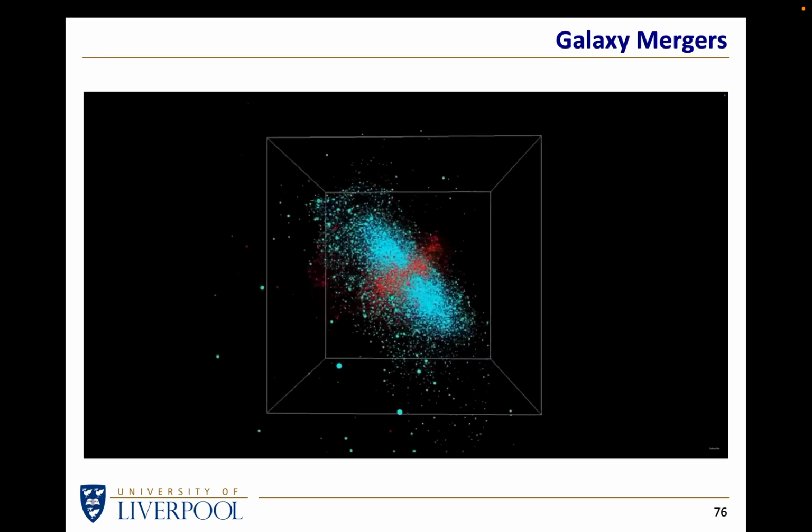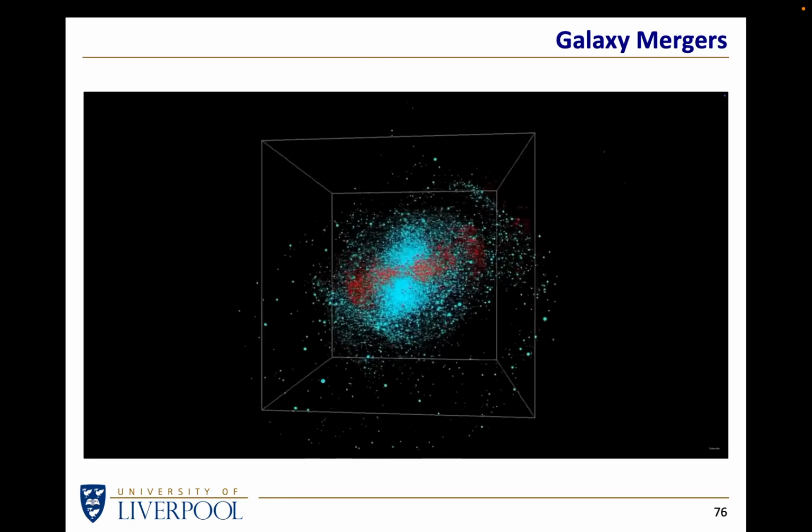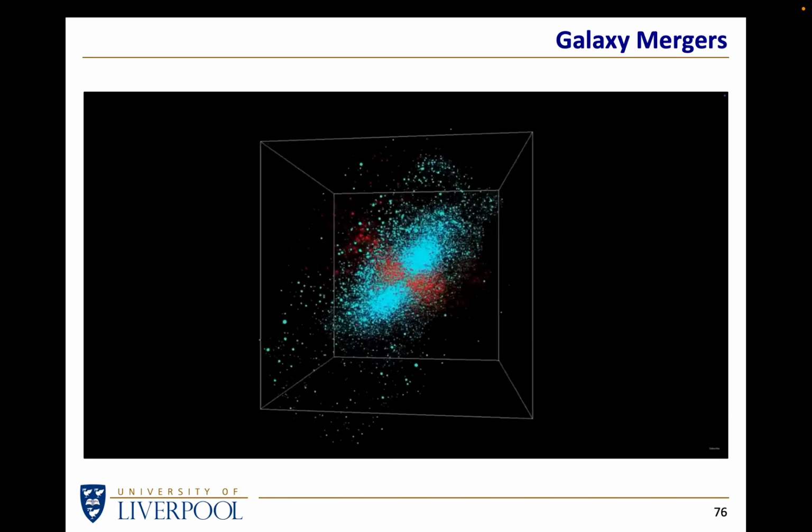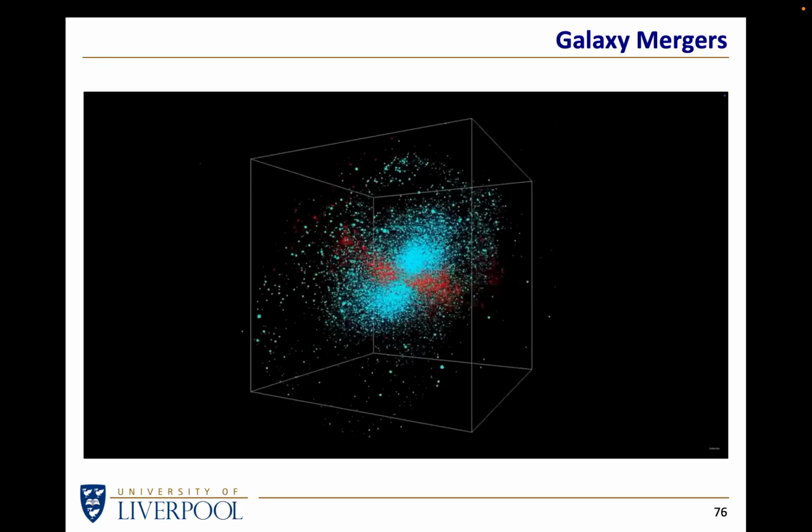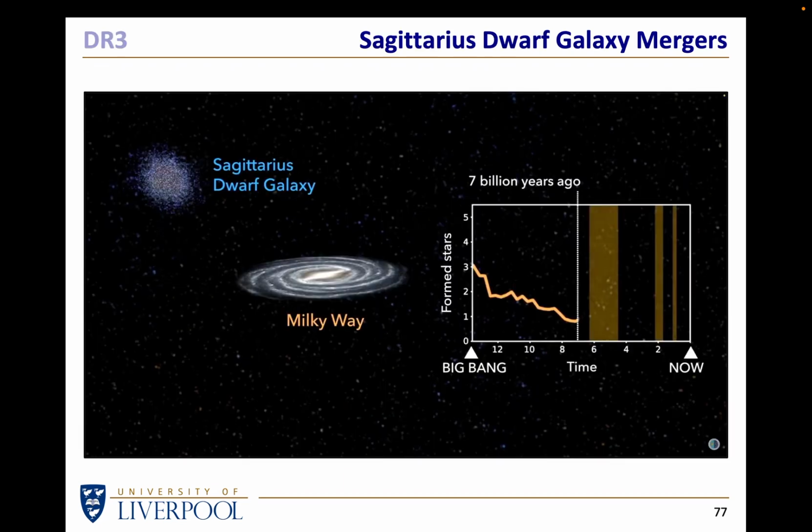They're still in particular areas. And if we can identify those in the Gaia catalogue, we can say these stars seem to be of similar age, similar chemical composition, and they seem to be in the same patch of sky. There's evidence that they are the result of a merger with an earlier galaxy.